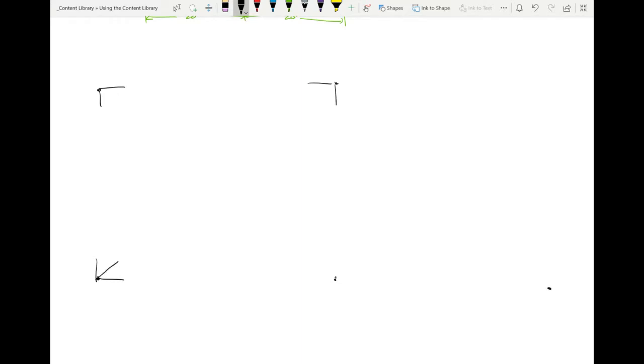And then I have this member going like this, going like that. All right, and let's see if I can knock out the truss analysis pretty quick.